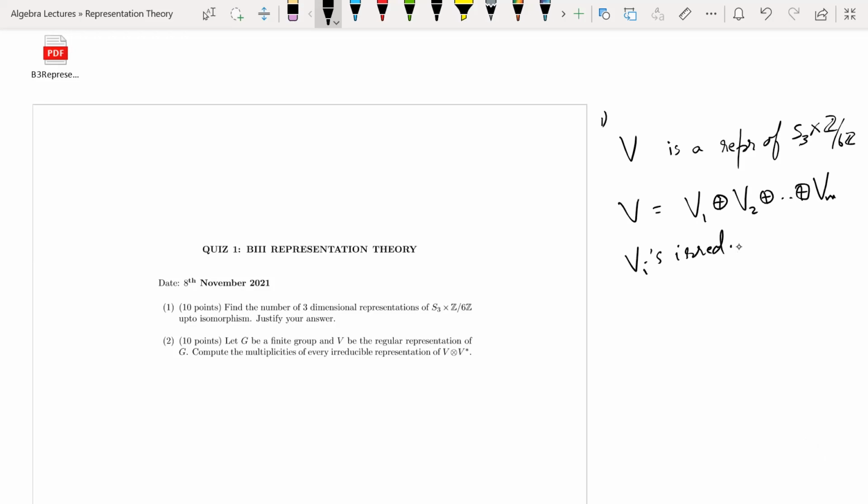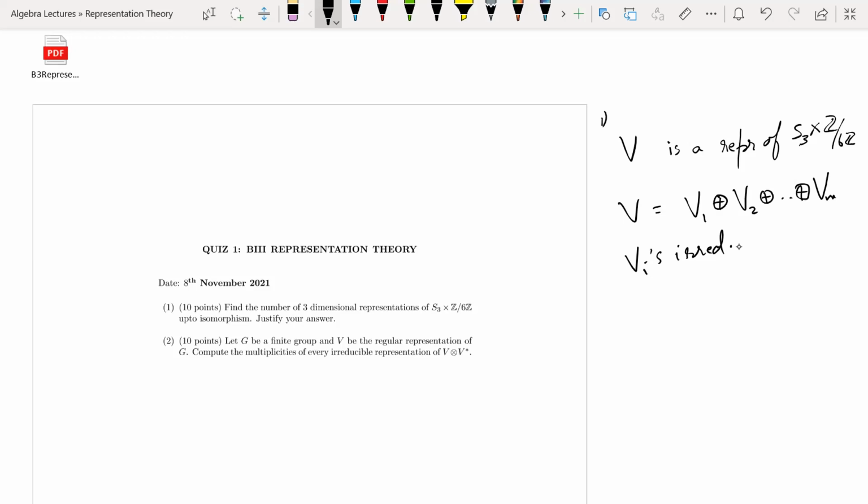So if you want to count all three-dimensional representations, there can be at most three components, and then we count the irreducible representations of various dimensions.